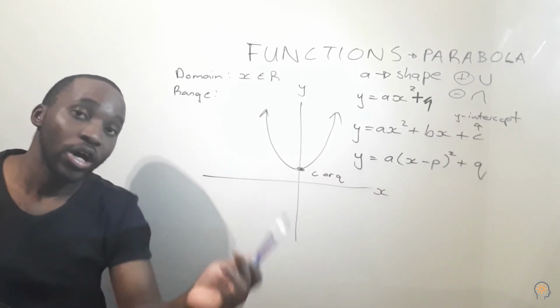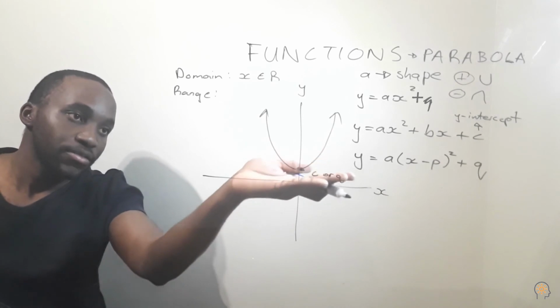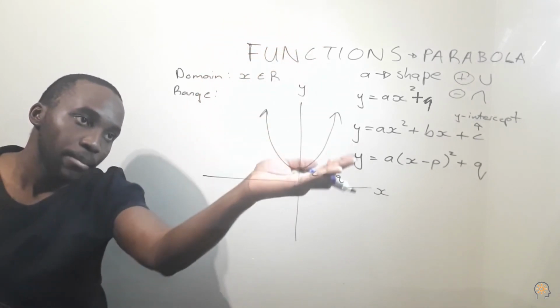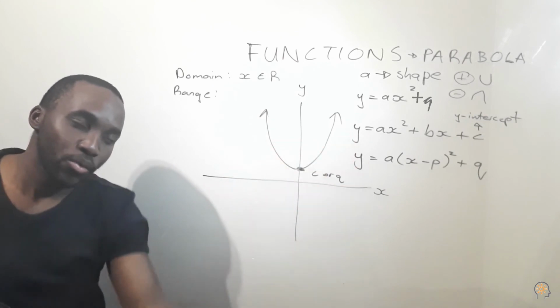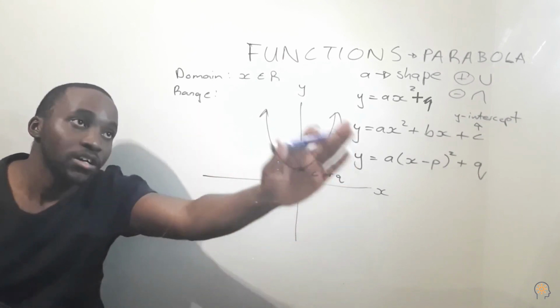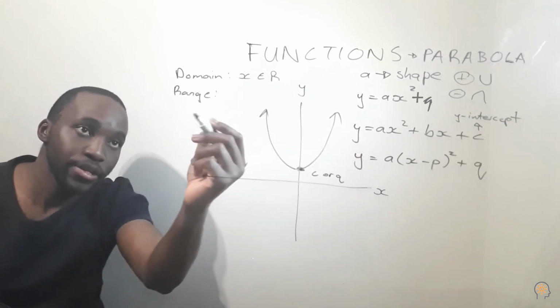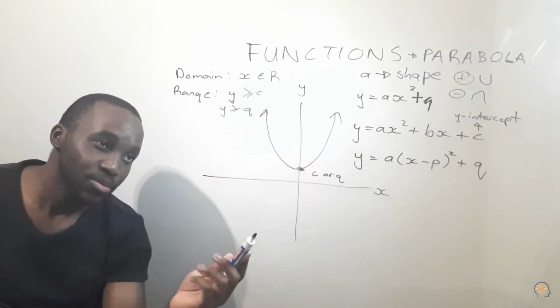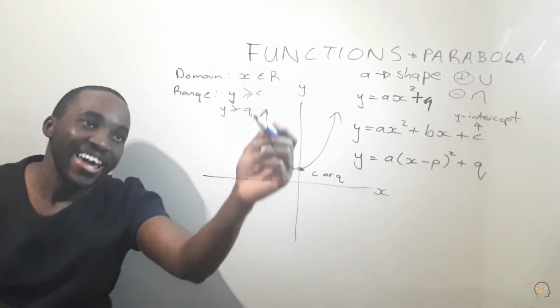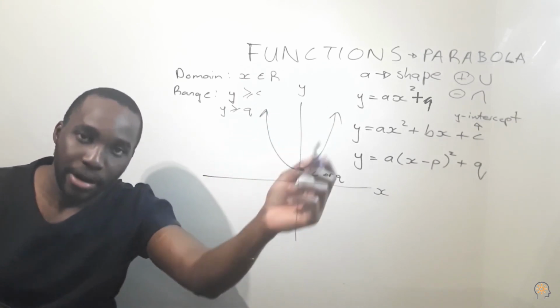Now your range, we can clearly see that from this turning point going all the way up, you see your picture, but from this turning point going all the way down, you don't see anything there. So your range for a parabola will always be y is bigger or equal to c, or y is bigger or equal to q if you have a smiling parabola.